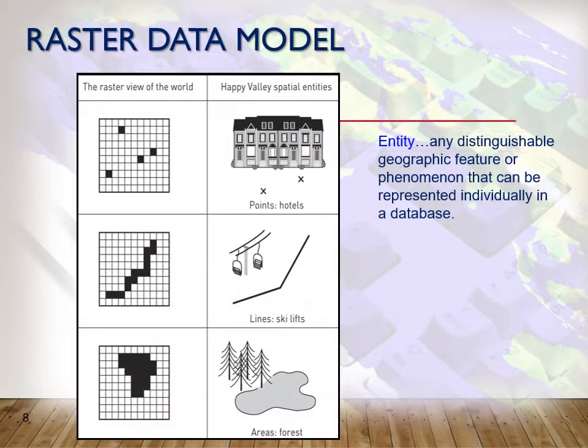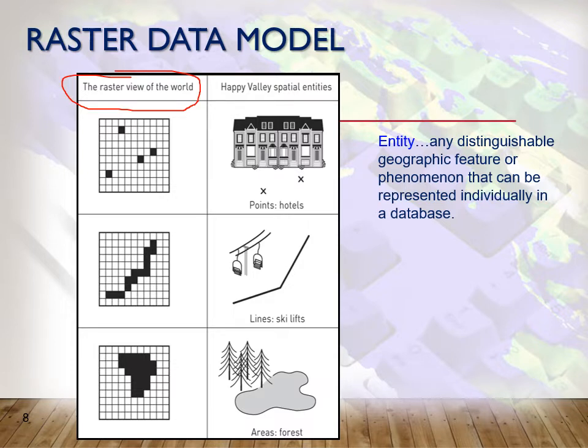Okay, so let's go back to our two basic data models, again, which are raster and vector. Let's start with raster. A raster data model, as you see here on the left-hand side, is basically a representation using pixels.